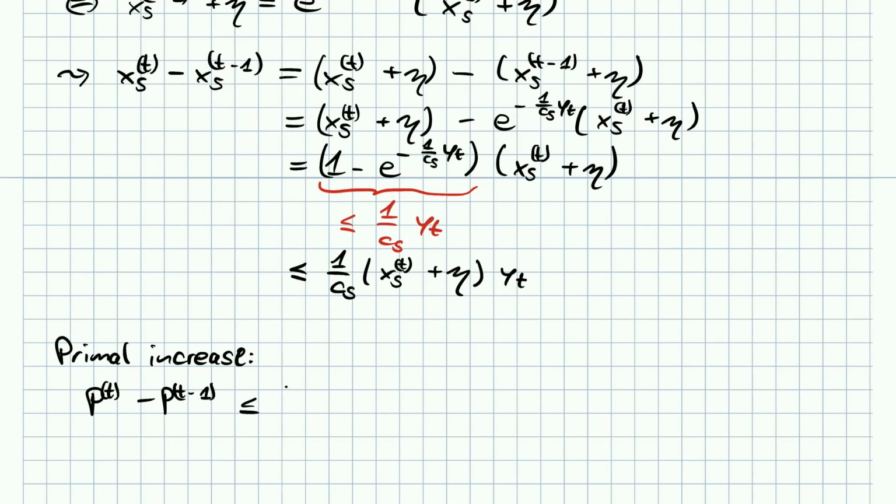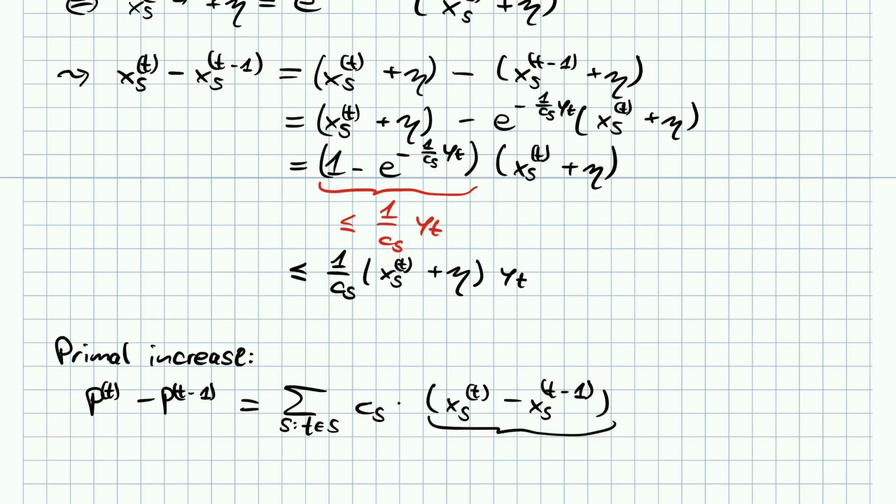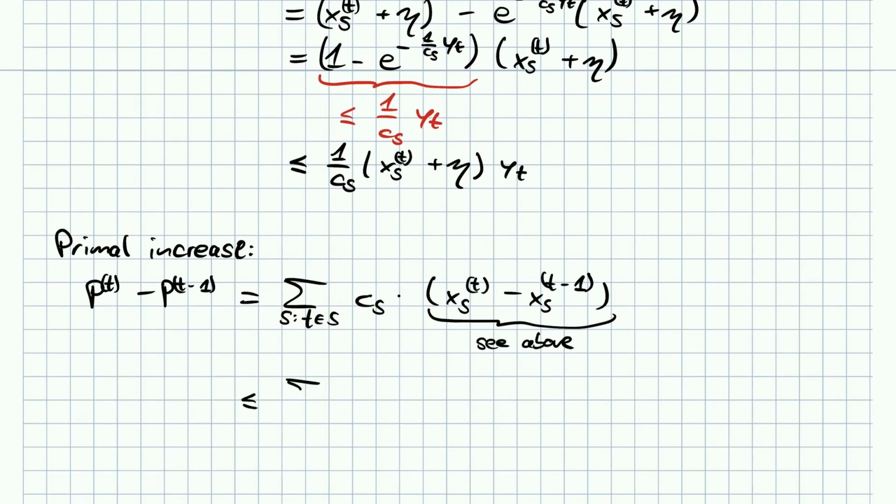This is at most taking the sum over all s such that t is in s, cs times x as t minus x as t minus 1. Okay, we could even write here that this is equal to this. And for this, we now have an upper bound. So we can now say that this is at most take the sum over all s that contain t, cs times 1 over cs times x as t plus eta times yt.